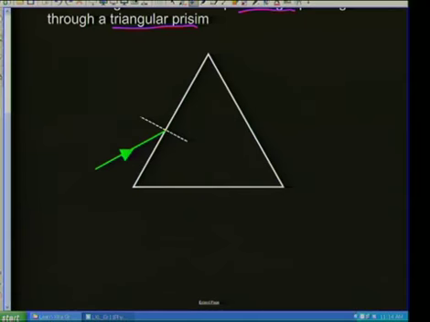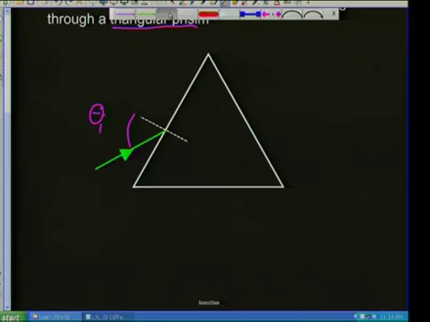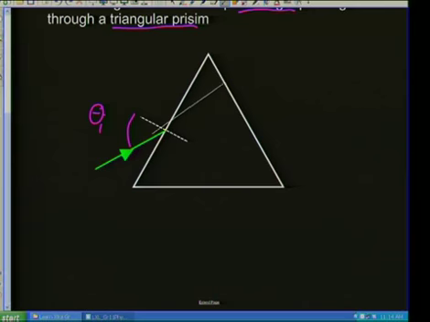So what happens? Let's get it very clear. We recognize we have a normal, and we recognize that we have an angle of incidence. So there's my theta I. We're not required to do the calculation, so I'm just going to draw in some lines to assume where things were going and where they should be.